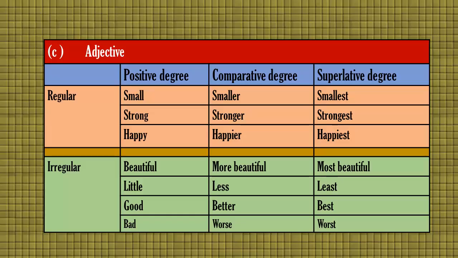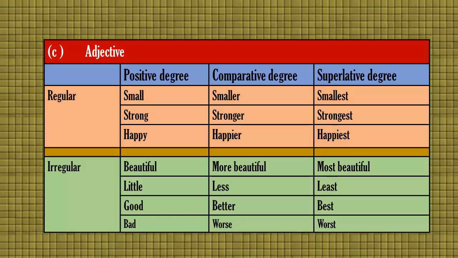Now look at the irregular portion. You see beautiful, little, good, bad, and their comparative and superlative degrees are made either by adding more or most before these adjectives, or there are other changes.